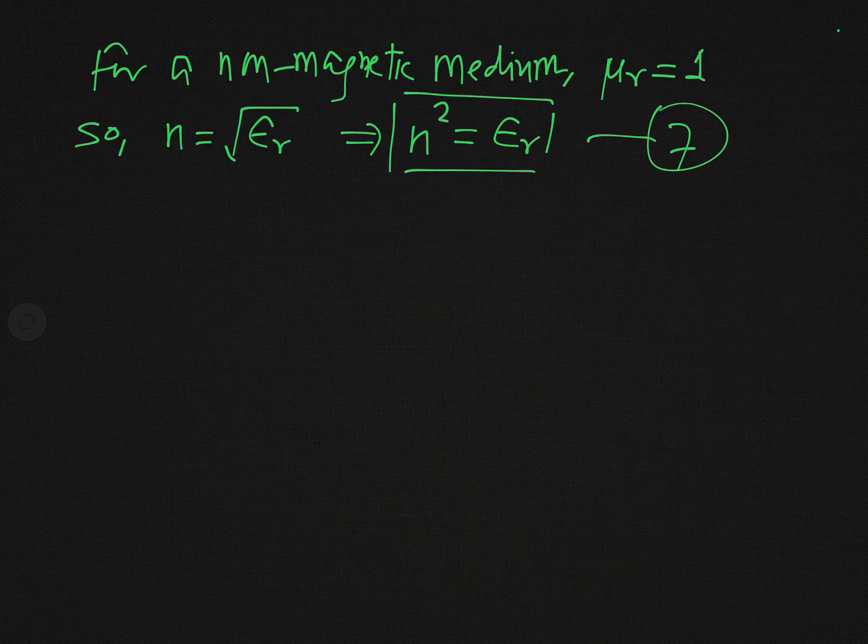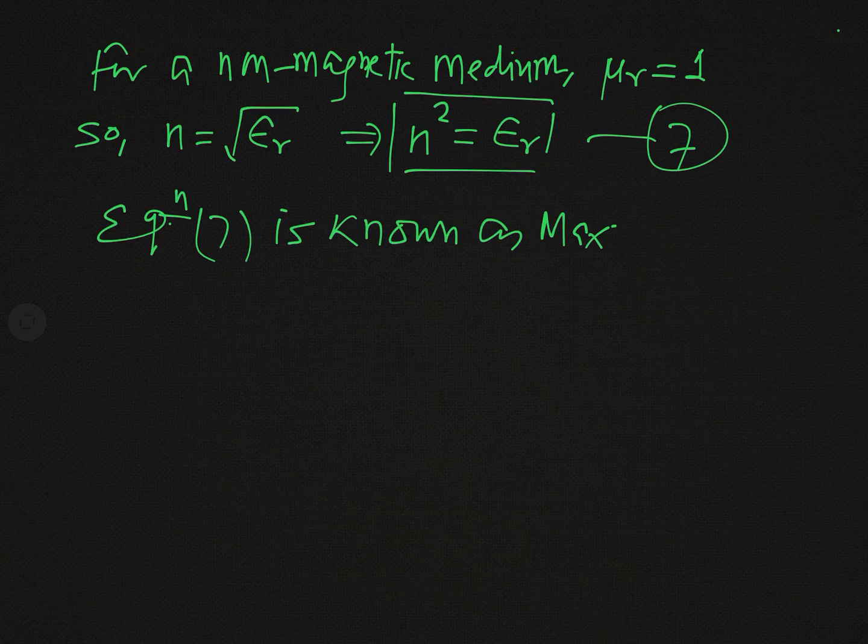Actually, this equation 7 is called Maxwell's relation, and this has been accurately confirmed by experiments for long waves, that is radio frequency and slow infrared oscillations. So equation 7 is known as Maxwell's relation.